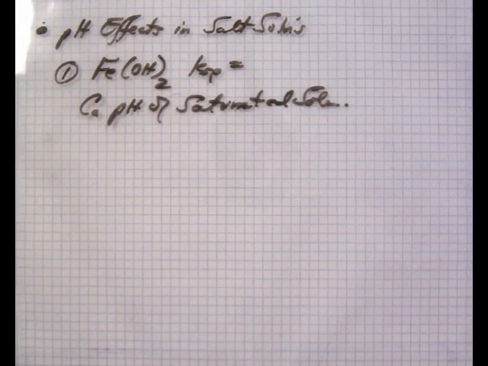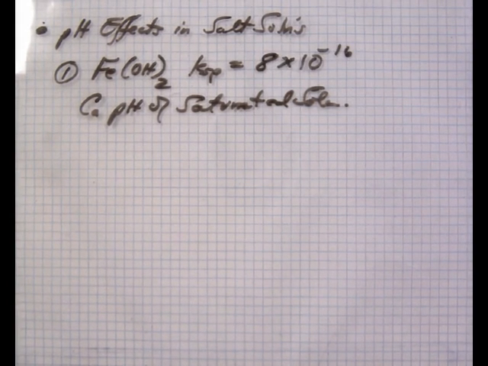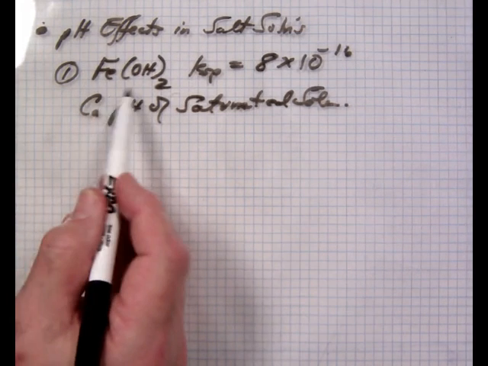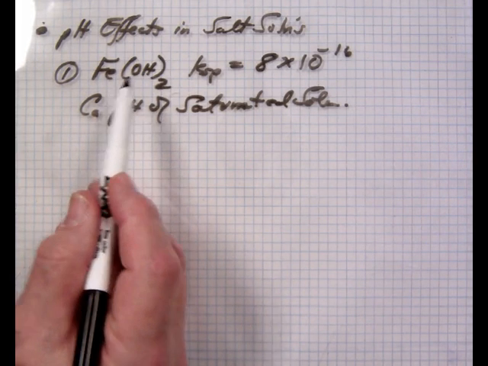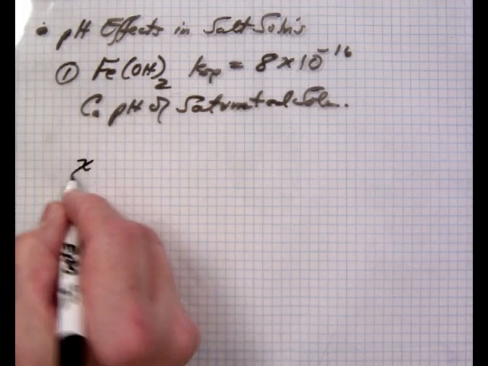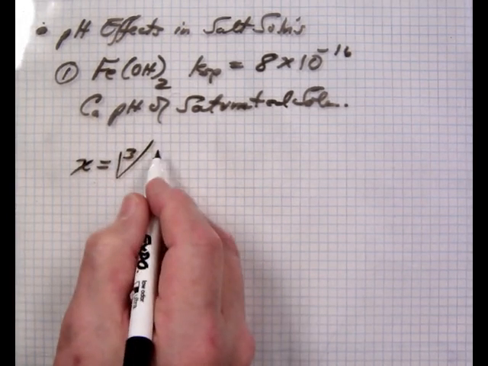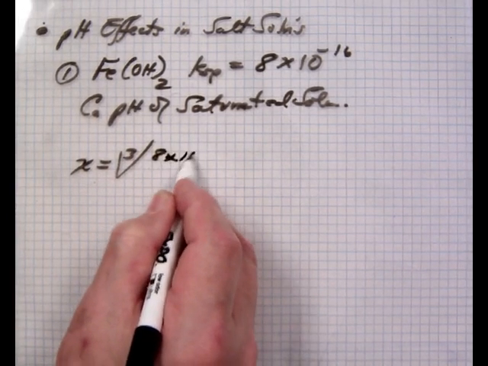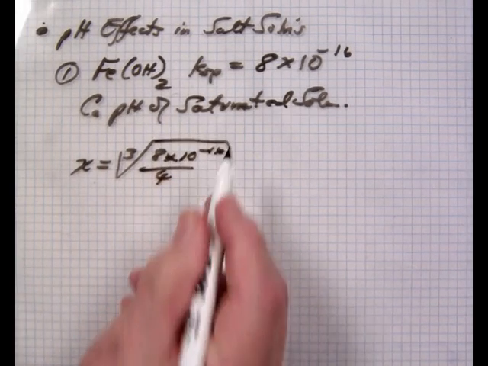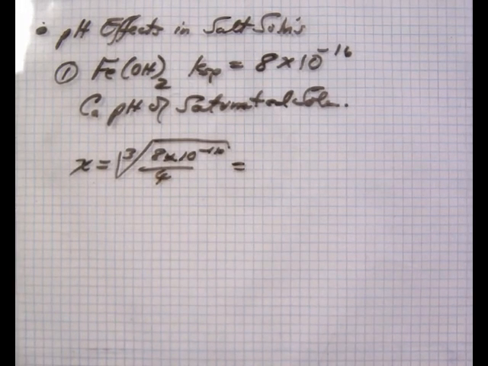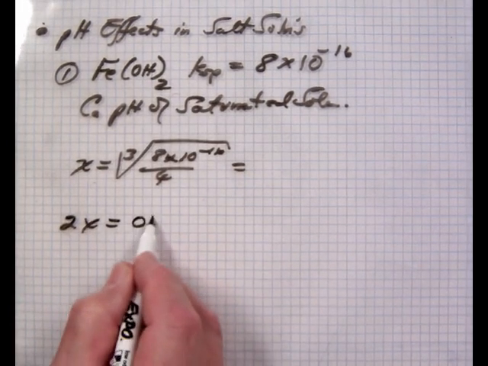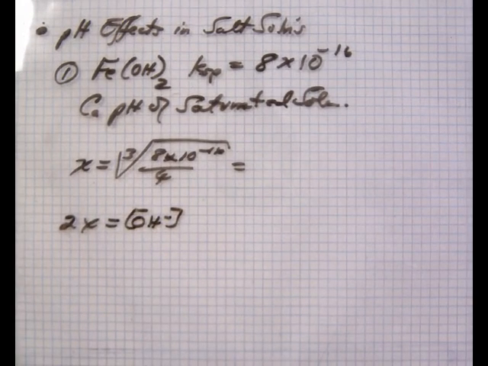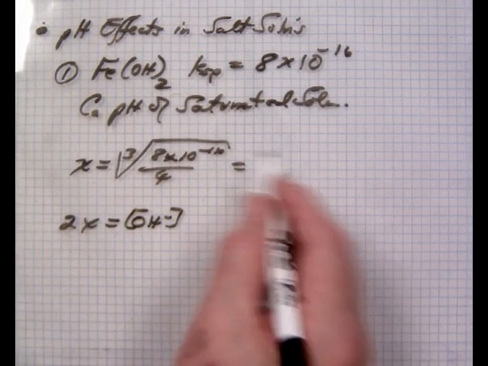Oh, hope so. Well, when you calculate the solubility of this, it will be the amount of iron delivered, but it will not be the amount of OH. So this is a cube root of 8 times 10 to the minus 16 over 4, and that'll be your solubility, but it'll only be the iron. You have to go 2x to get the hydroxide concentration, and then calculate the pH and stuff like that.